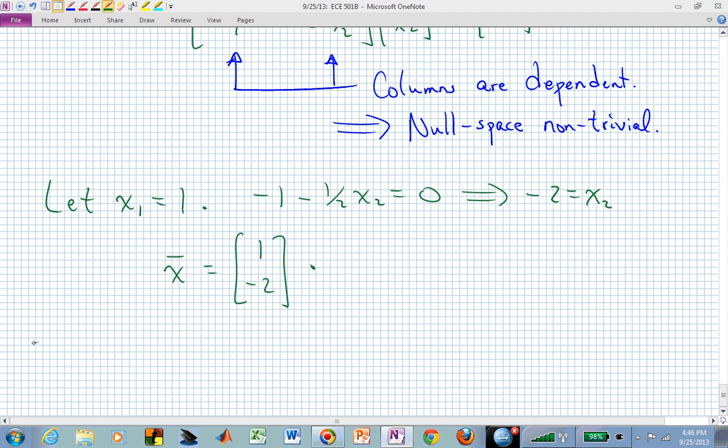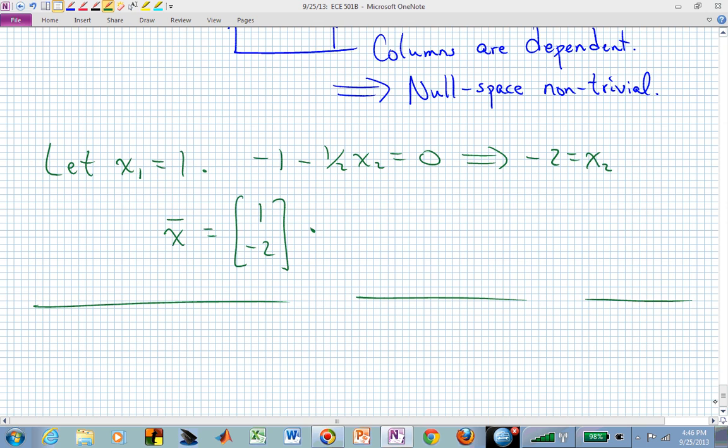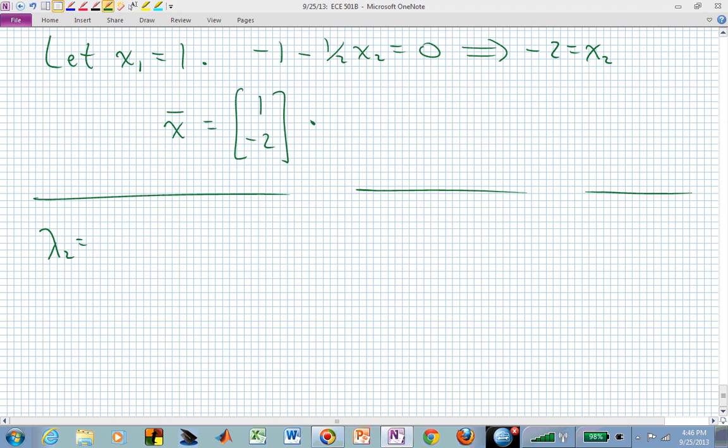What if we did the same thing for the eigenvalue minus 2? If we plug that value into that same matrix, we end up with 1/2, minus 1/4, minus 1 and 1/2.